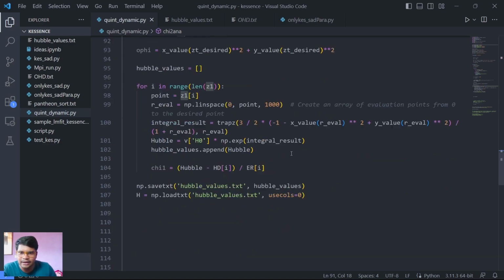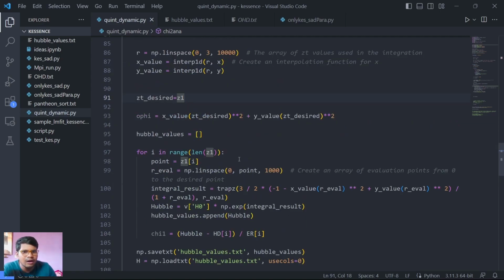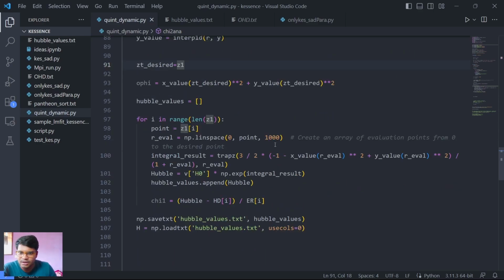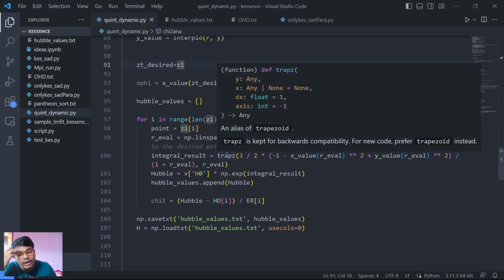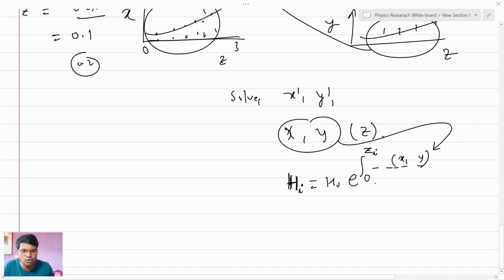Now I'm saying that first of all I need to calculate the integral, and this is a very important point. I have the list in which there are 43 values of Z, right? So I need to calculate those H, right? It means that every time your integral, just like I had told you, goes from 0 to Zi, and Zi is the point at which it will try to integrate it, correct?